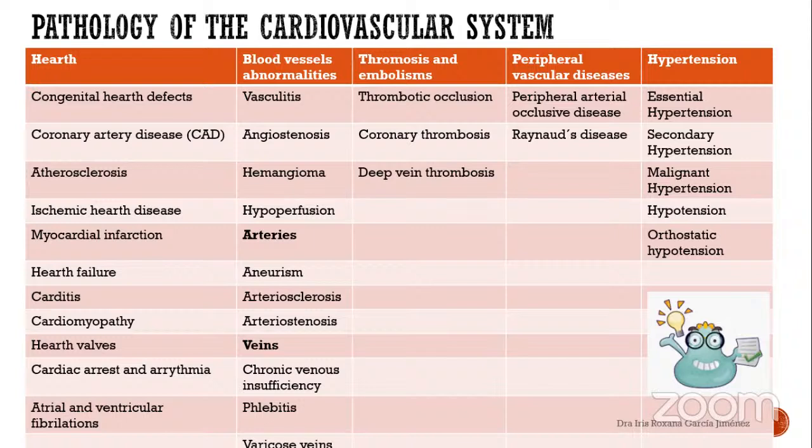Blood vessel abnormalities: we have vasculitis, angiostenosis, hemangioma, hypoperfusion. About the arteries: aneurysm, arteriosclerosis, arteriostenosis. Talking about veins: chronic venous insufficiency, phlebitis, varicose veins.